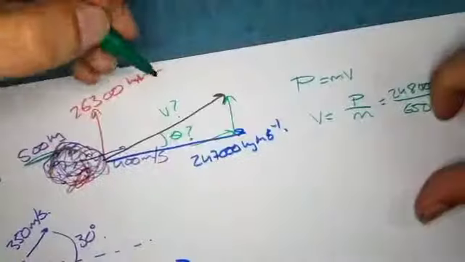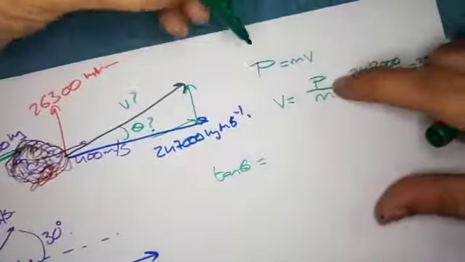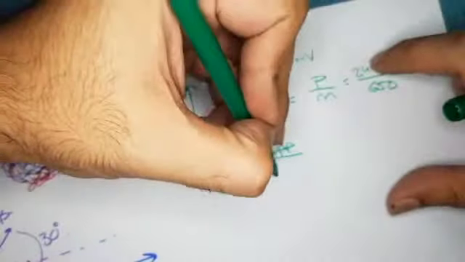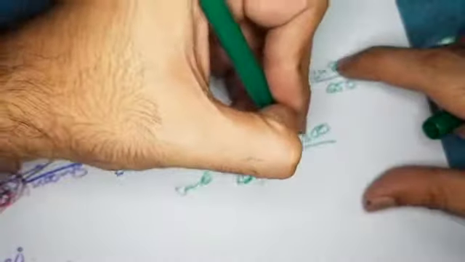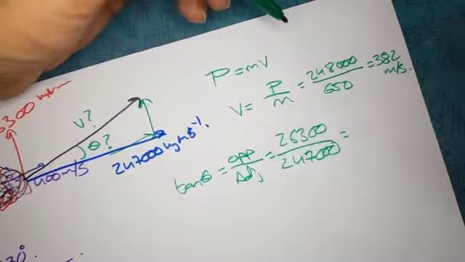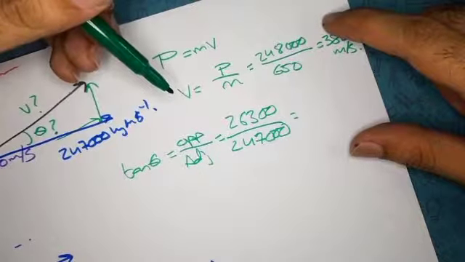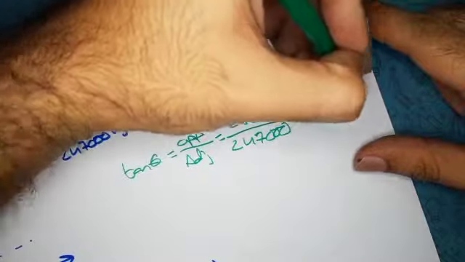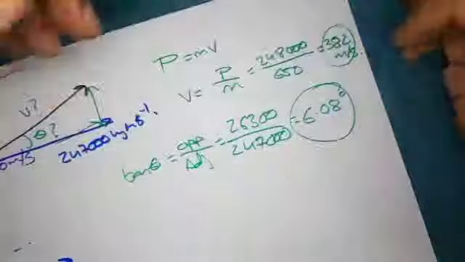So tan theta is equal to opposite by adjacent, opposite being 26300 divided by adjacent being 247000. It's going to be a pretty small angle. 6.07, 6.08 degrees. So 382 meters per second, 6.08 degrees.